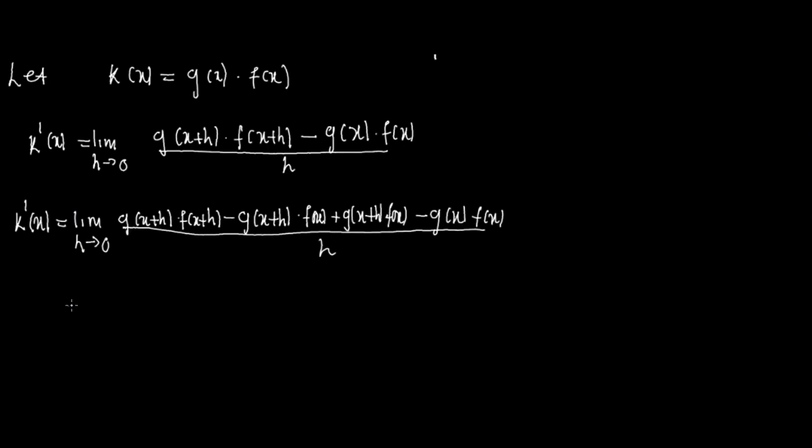So now it's time for us to rearrange. So we are going to put limit and we'll take out a common factor. So between these two terms which are here, between this one and this one, we see the common factor to be g of x plus h.